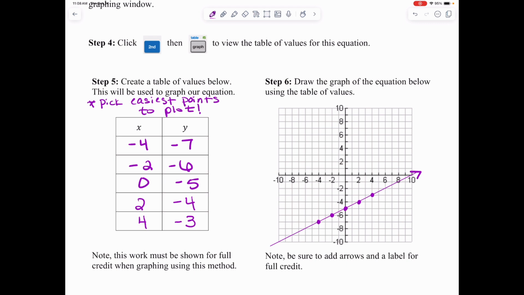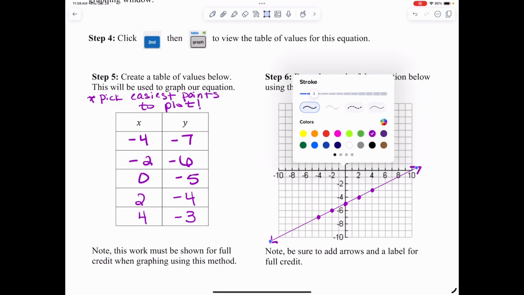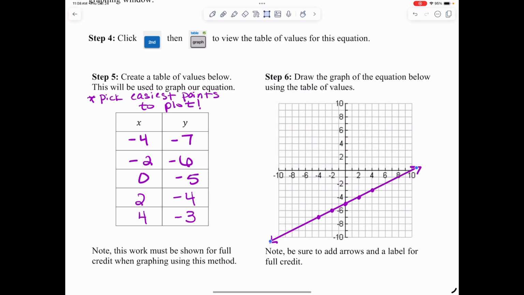I will then put arrows on both ends to show that this is continuous. Remember, this is just a snapshot. Those 5 coordinates, there are more coordinates. There's infinitely many solutions to an equation in 2 variables. So we want to show that by putting those arrows on the end.